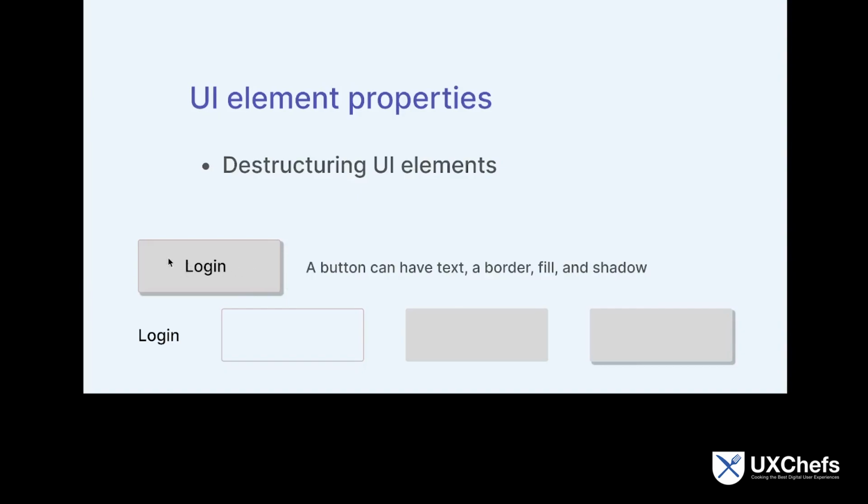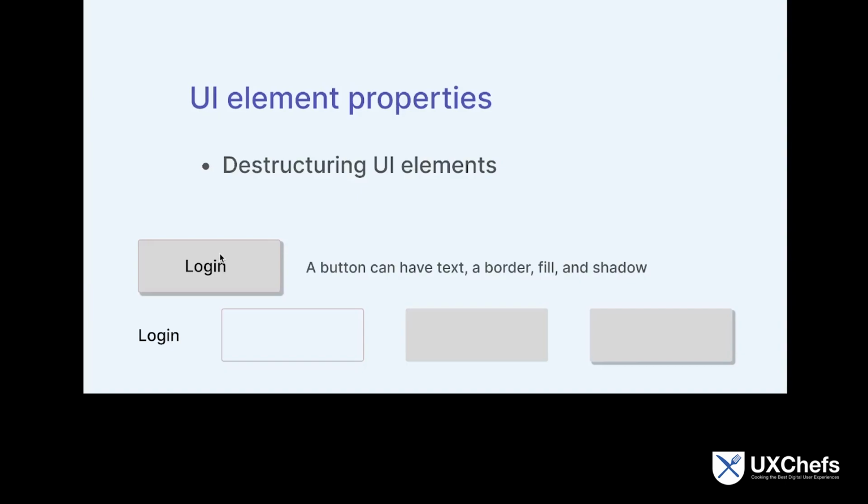Usually designers want to think of UI elements this way, like a whole button, a whole input field, a whole icon, a whole nav bar, a whole section, a whole card. Usually designers like thinking in wholes, and it is not bad to think in wholes, but that thinking is not going to help you master how you can actually manipulate UI elements.